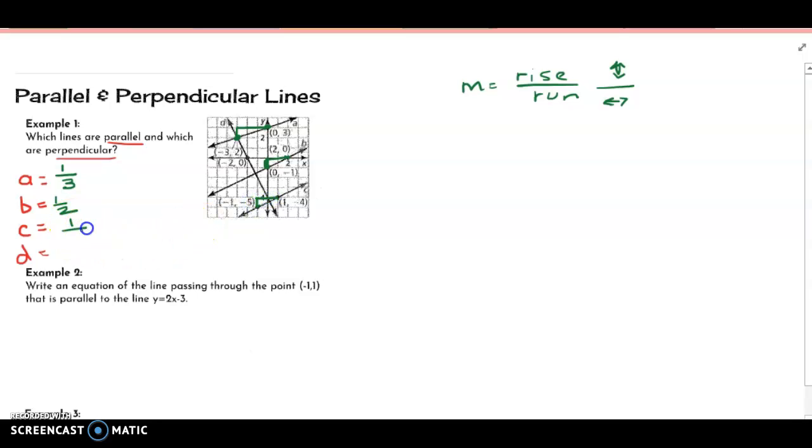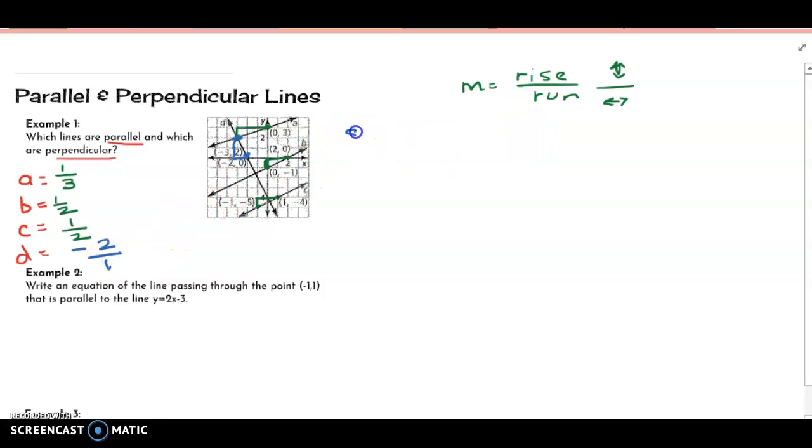So up 1 over 2. All right, now I need to do line D. So notice the points for line D are here and here. Okay, so I'm just going to count again. So I'm going to go down 1, 2. So down 2 would be a negative 2 over 1. Okay, negative 2 over 1.